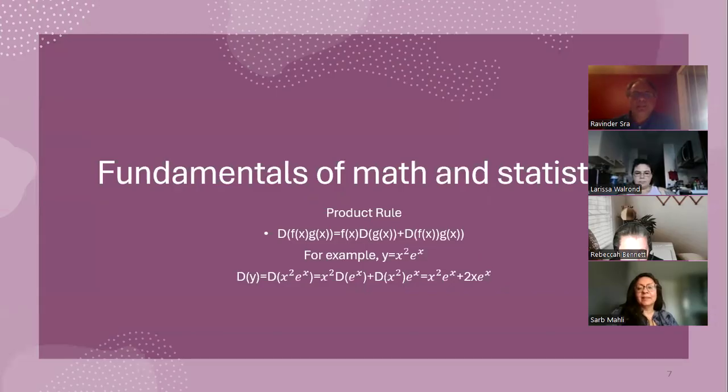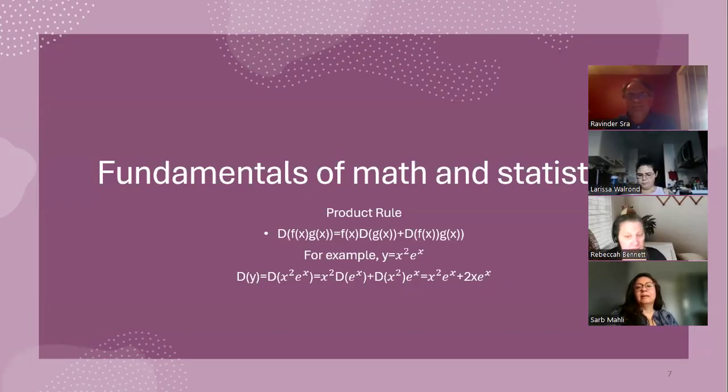Next, the rule is different if the function is a product of two functions, like f and g. There is no plus or minus sign here. And what's the rule? First function times the derivative of the second, plus second function times the derivative of the first.